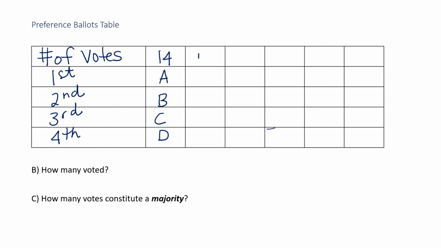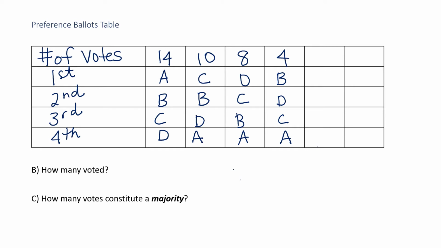We had 10 ballots that had C as the first, B as the second, D as the third, and A as the fourth. 8 ballots that had the order D, C, B, A. 4 ballots, the order was B, D, C, A, and we also had 1 ballot whose order was C, D, B, A.